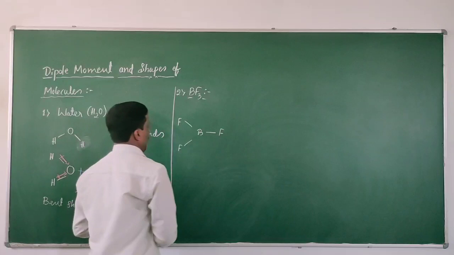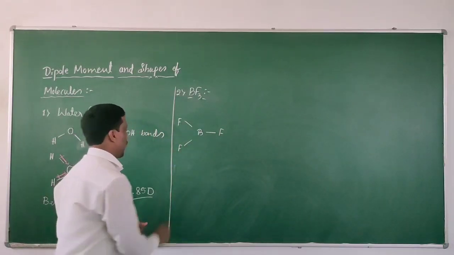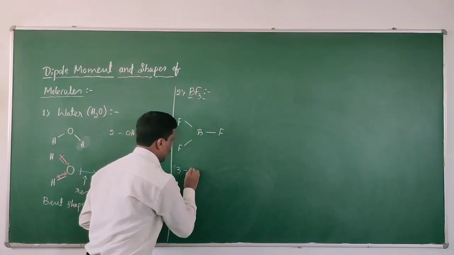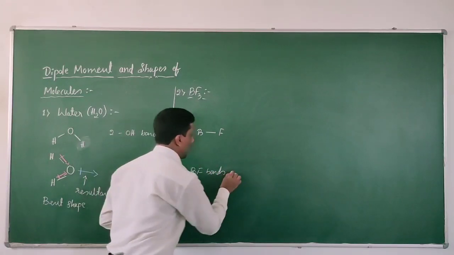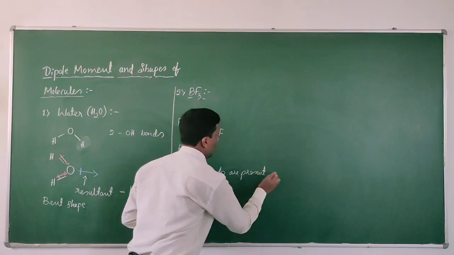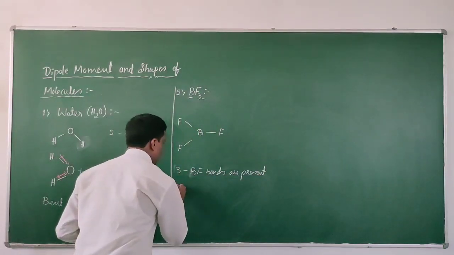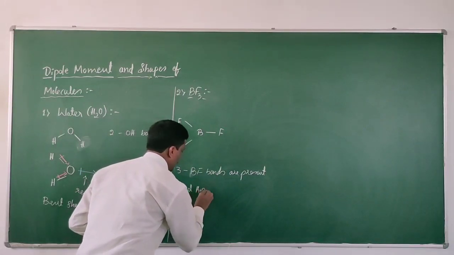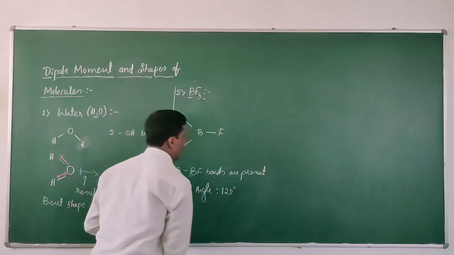Here, in boron trifluoride, 3 BF bonds are present. Next one, the bond angle. The bond angle is 120 degrees.